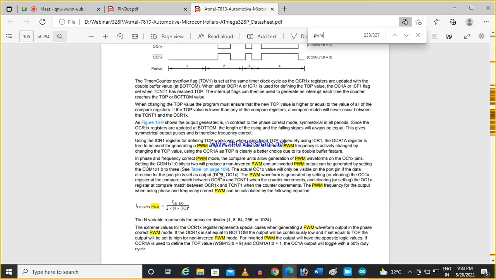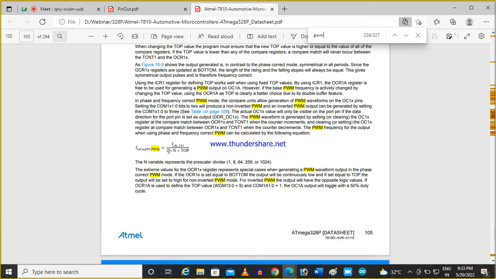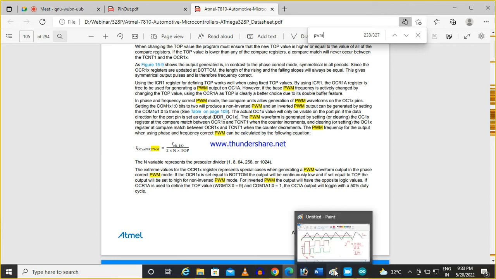You see, for timer 1, the PWM frequency is clock frequency divided by 2 into prescaler into top. Top means the maximum value.